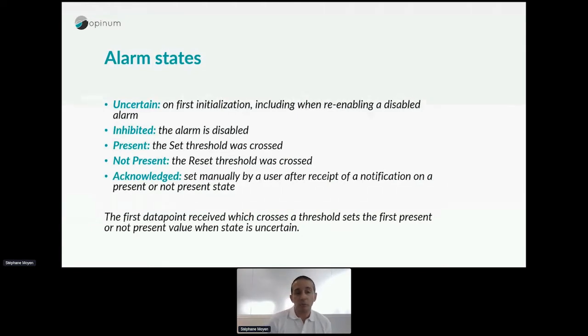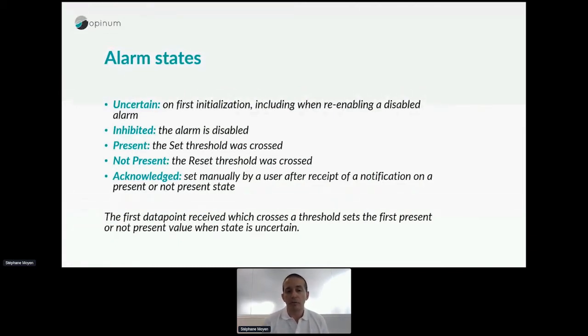You have two main states, which are the usual states for alarms, present and not present. Present is when the set threshold is crossed, and not present is when the reset threshold is crossed. And last, you have the acknowledged state, which is set manually by your user after receipt of a notification. If an alarm is in present or not present state, then you have the possibility to acknowledge that you have seen and received the alarm.